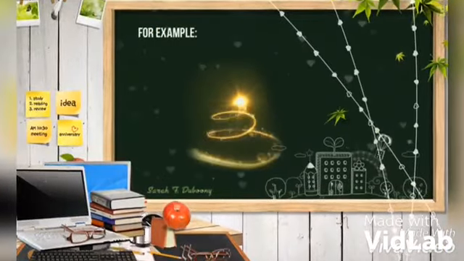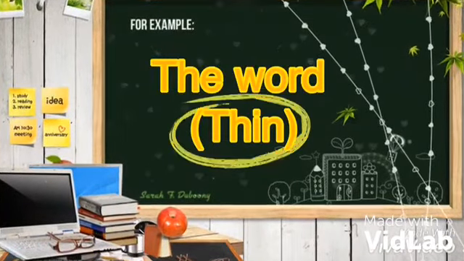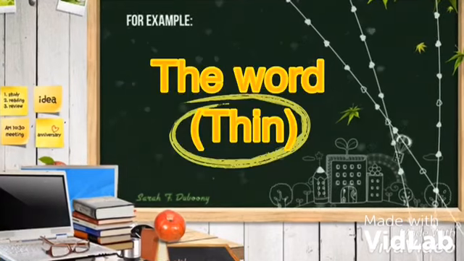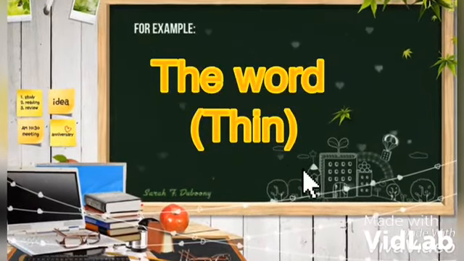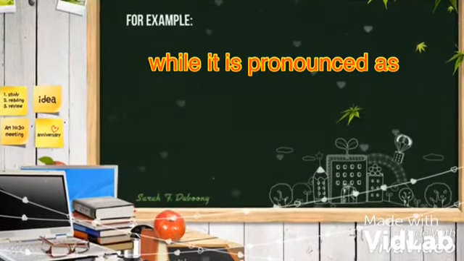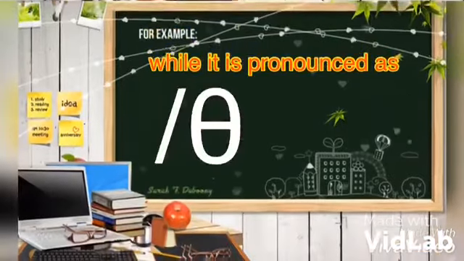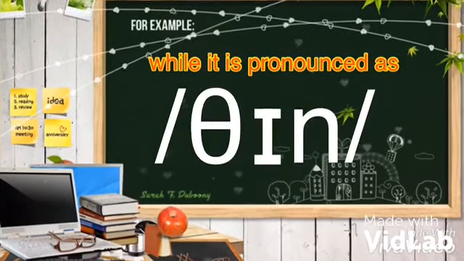For example, the word thin is written with 4 alphabetic letters T, H, I, N, while it is pronounced only by 3 phonemic symbols: Th, I, and N. Thin, thin.